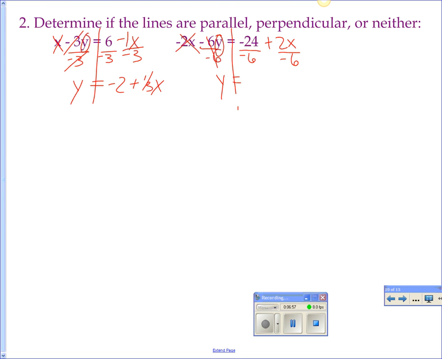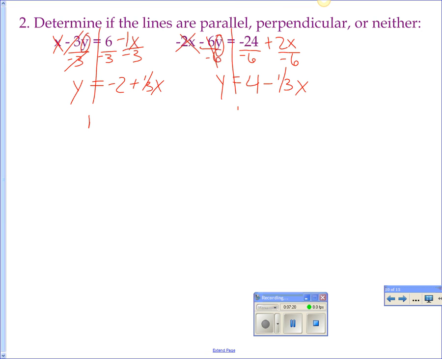James, what does that give you for your y equals? Okay. All right. Stephanie, how do I know if they're parallel? What do I have to know? Yep, the slope would be the same.